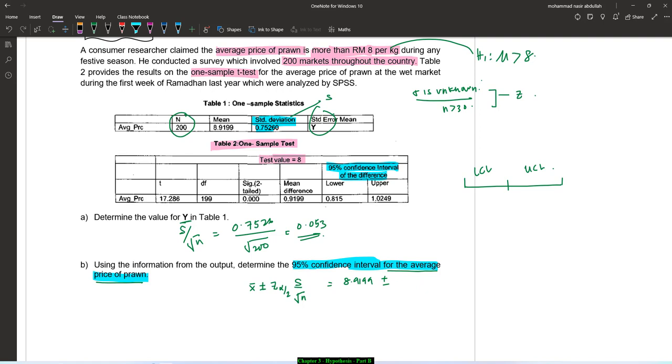They told us this is 95%. So Z 0.025 multiplied by the standard error, which is 0.053. So you can calculate this one. What is the lower confidence limit and what is the upper confidence limit?